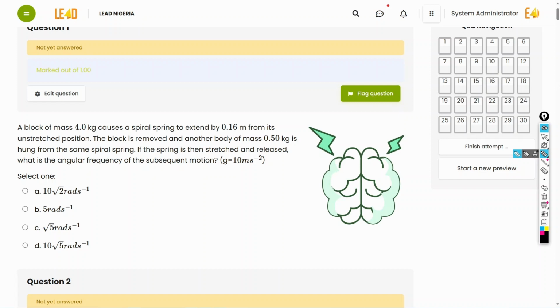So by looking at what we have here, we have m initially as 4.0 for the first scenario, and then we have x, or change in x, as 0.16. All right.